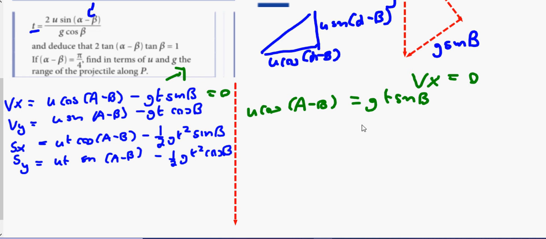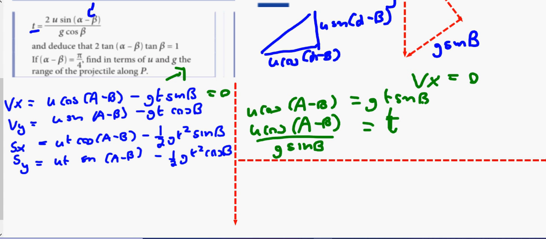And then the time of flight, the t value, will be u cos(alpha minus beta) divided by g sine beta. That was all Vx equals 0, and that's put away there.